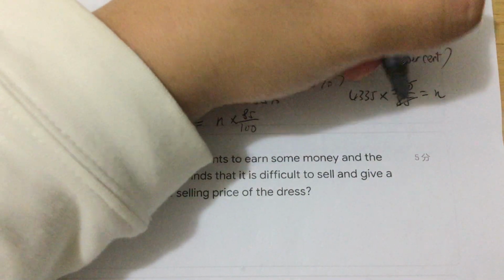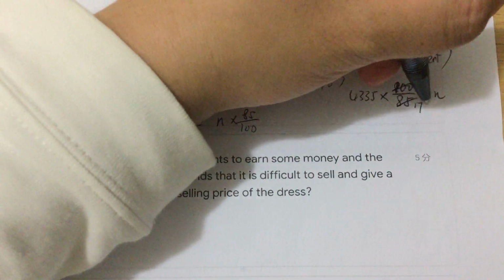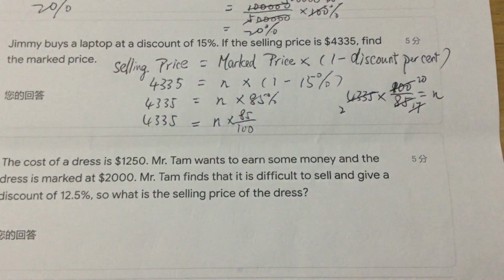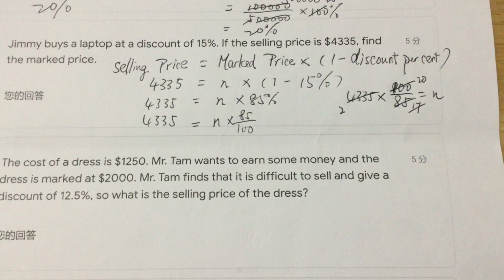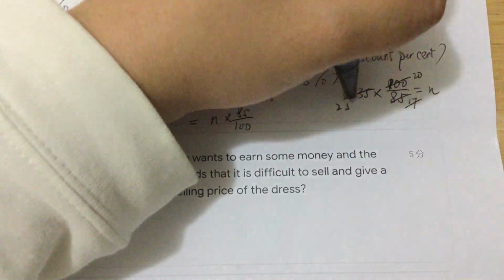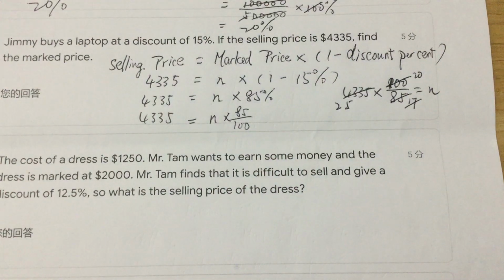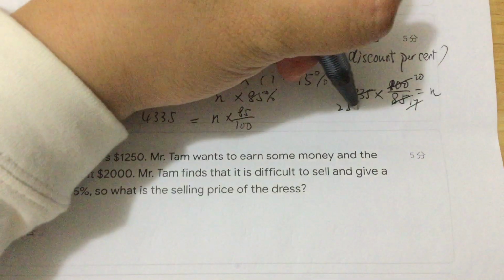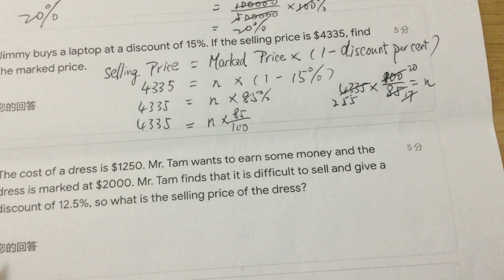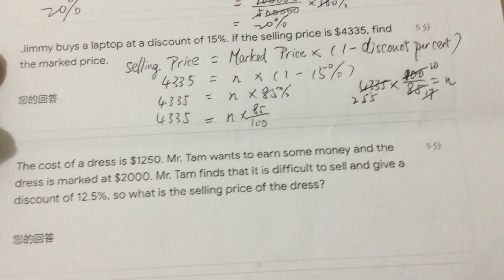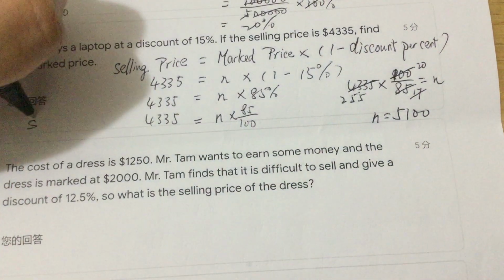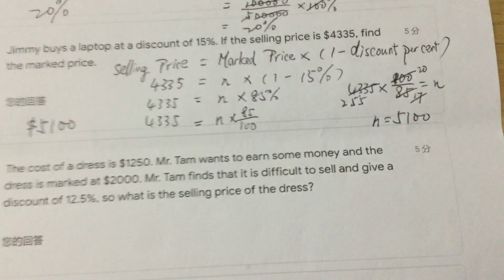This one is 17, this one is 20. 4335 divided by 17 is 255. So this is 255 times 20, that is 5,100. So the answer is 5,100 here.